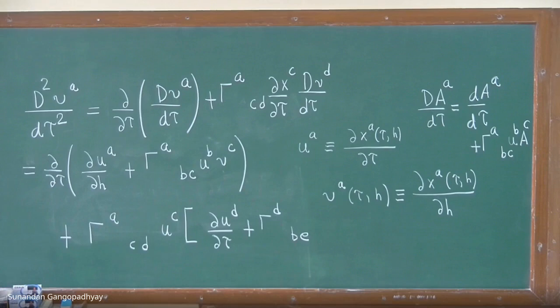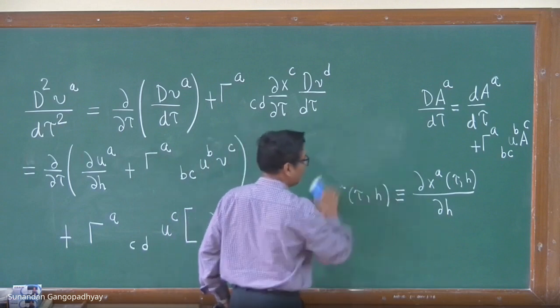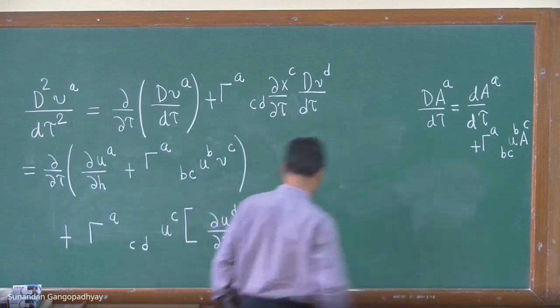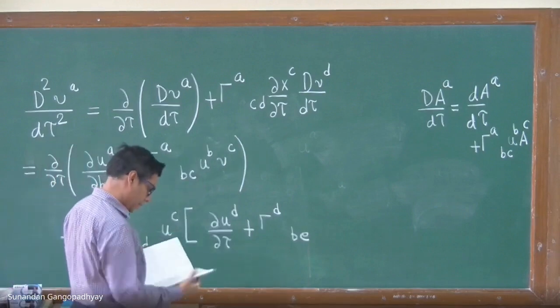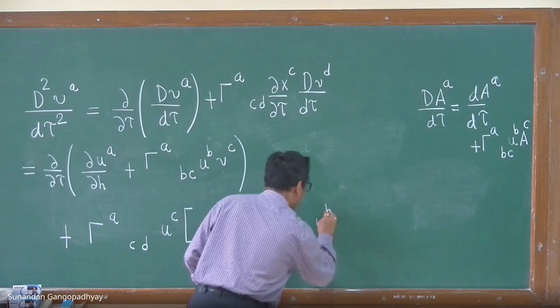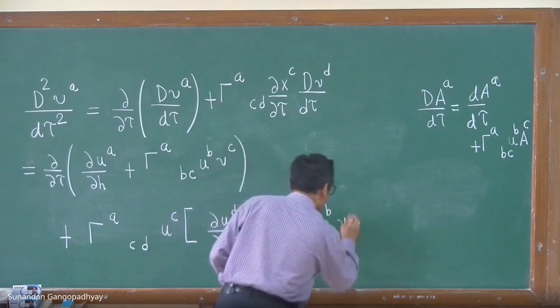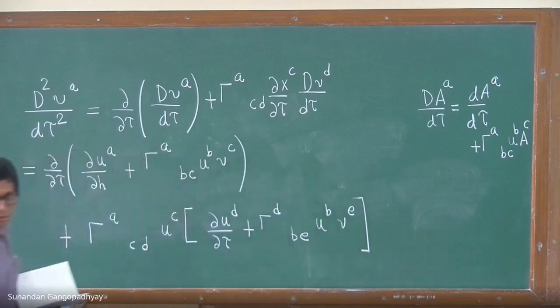I will not use any other notation because I will make mistakes then, and I have no time to make mistakes. So gamma^D_VE, then this will be Q^B. Please check whether this is correct. Right. Right.